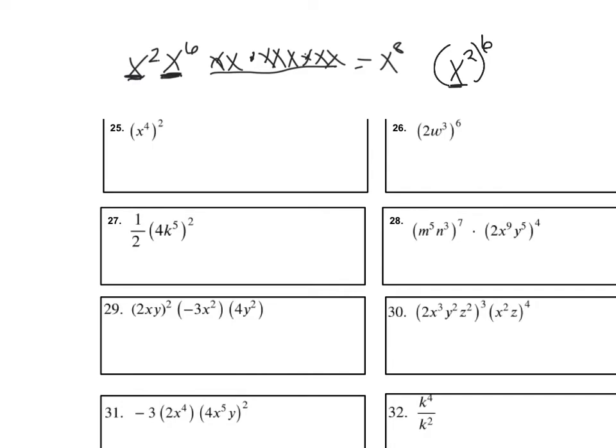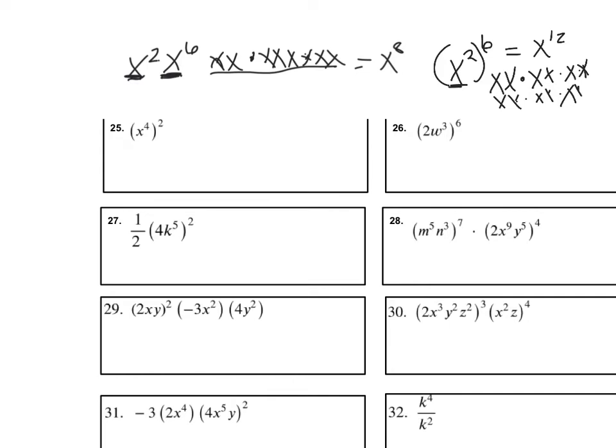So this says that I'm taking x squared, which is x times x, and I'm going to multiply that x times x, I'm going to multiply that 6 times. All right? And if you look at that, when we do that, I'm going to have 12 x's. I multiplied it 12 times. So it's going to be x to the 12th power.